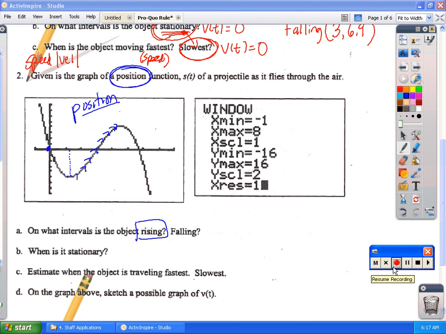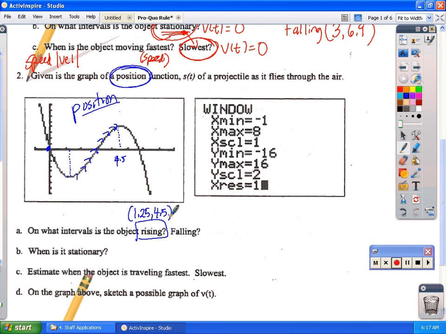Okay, so we'll say that that's about 1.25, and that if this is 1, 2, 3, 4, that this maximum occurs at about 4.5. So the particle is rising from approximately 1.25 to about 4.5.